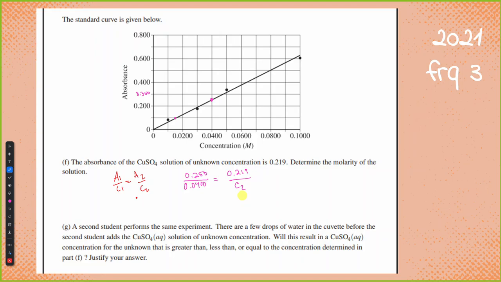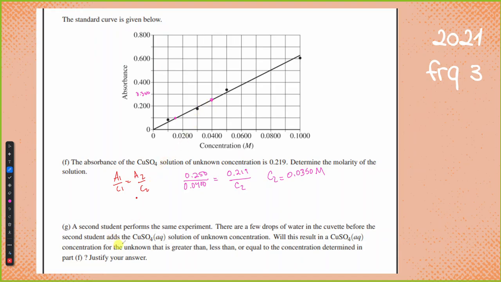I would find a point that makes it more accurate. So I'm getting C2 0.0. What the heck just happened? 0.350 molar.